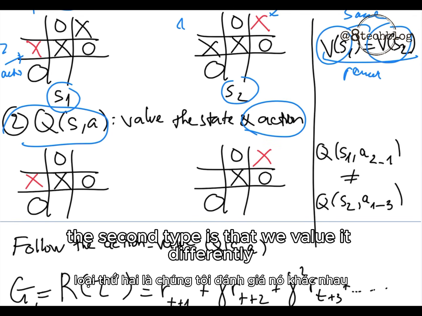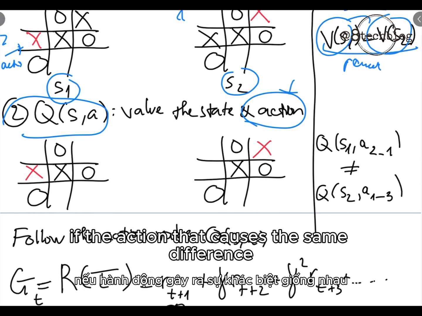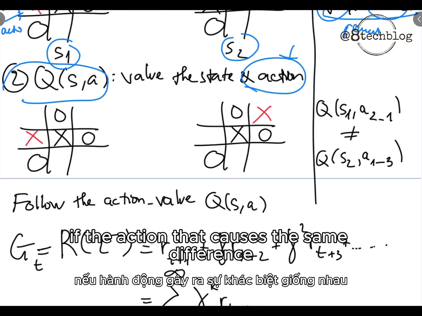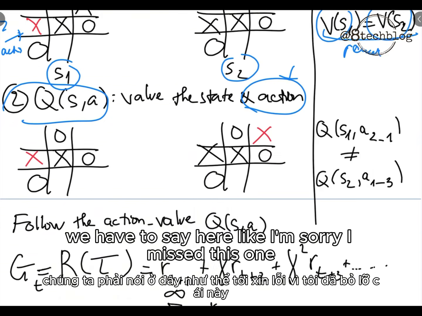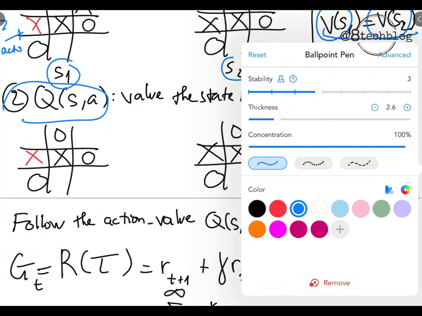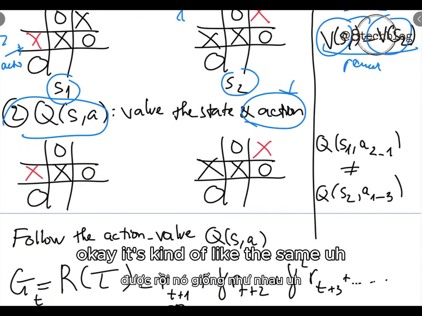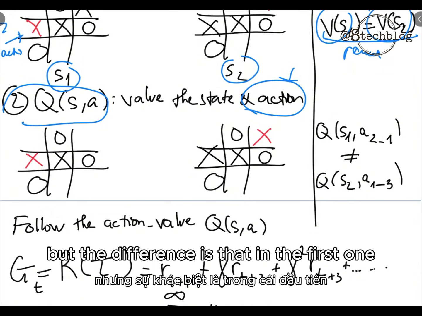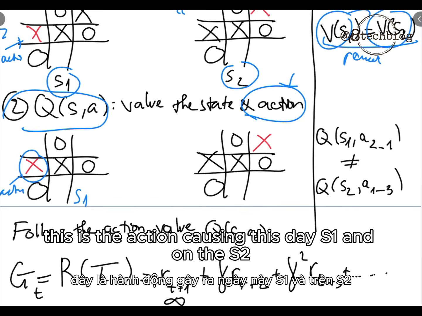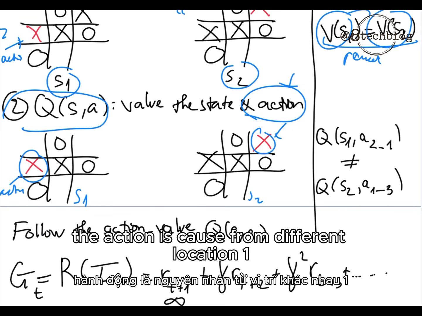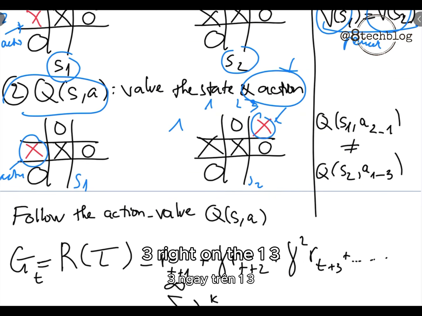The second type is that we value it differently if the action that caused the state is different. It's kind of like the above, but the difference is that in the first one, you can see the x is the action causing this state S1, and on S2, the action is caused from a different location, 1 3, right?